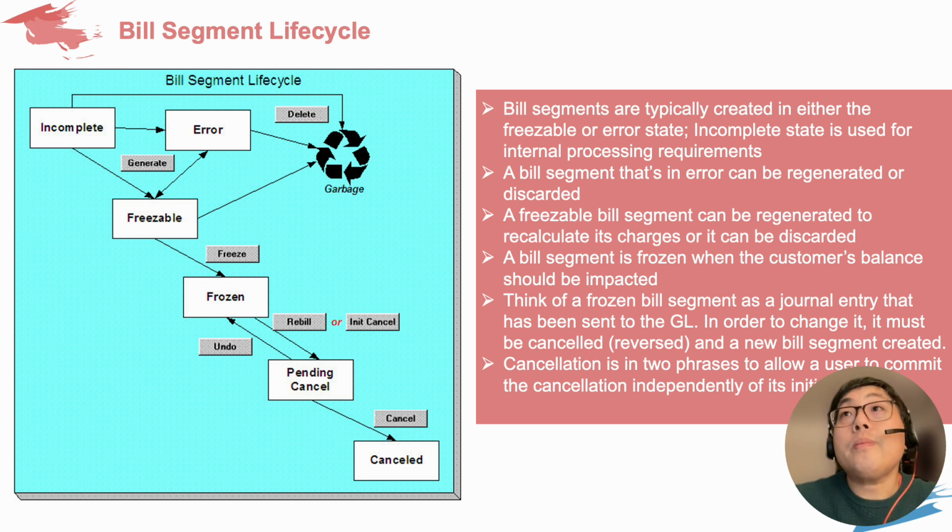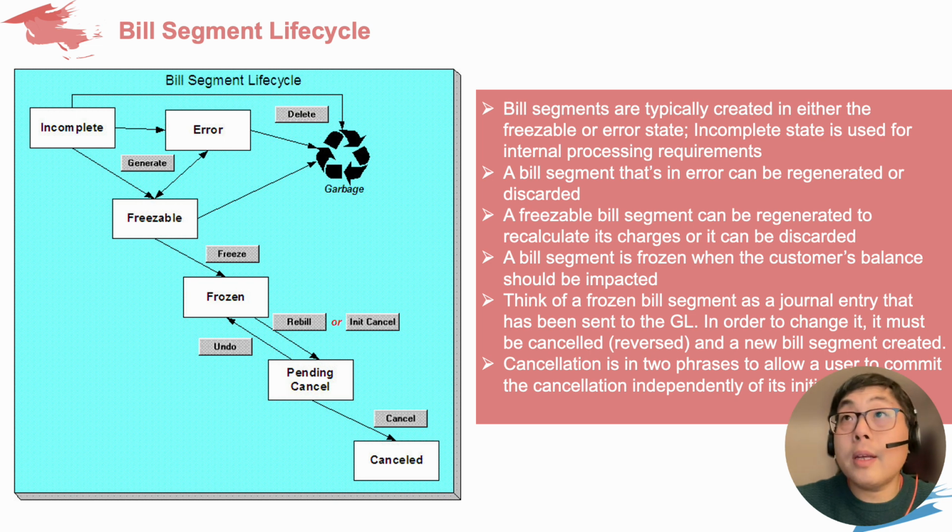So next one, think about a frozen bill segment as a journal entry that goes to GL. Technically, I haven't gone to any GL system, but by that time, it can be transferred to GL. In order to change that, you have to cancel it.